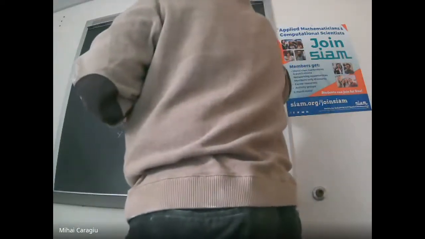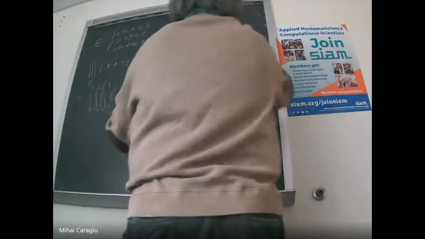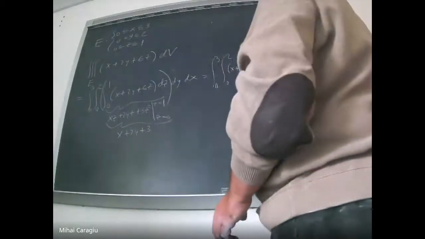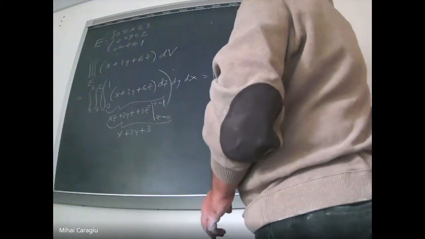The triple integral reduced to a double integral after we integrate one variable out of 3. So we get integral from 0 to 3, integral from 0 to 2, x plus 2y plus 3, dy dx.